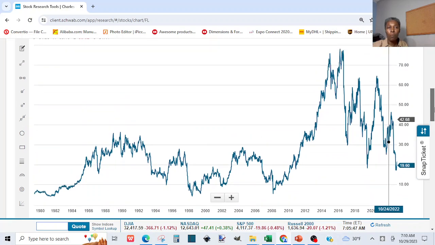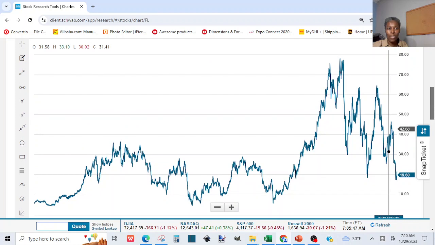However, in terms of the dividend yield they are paying you, I will take the risk and invest in Foot Locker, knowing that the goal of finding a dividend stock is to generate a stream of income through dividends.